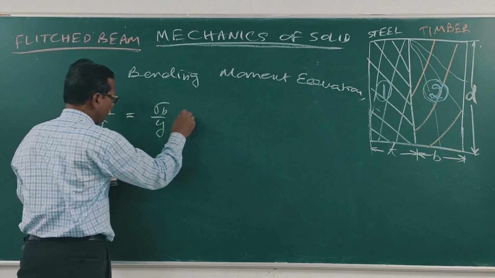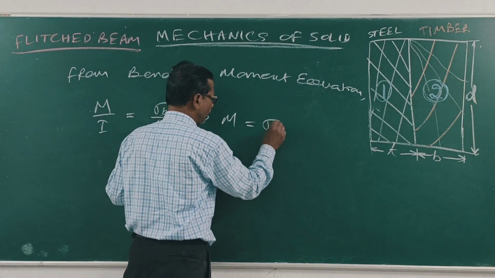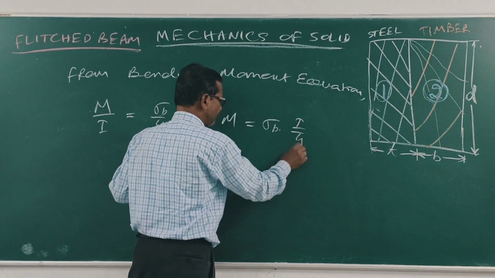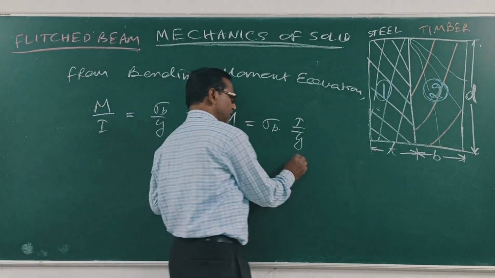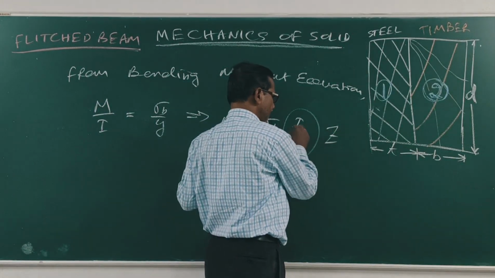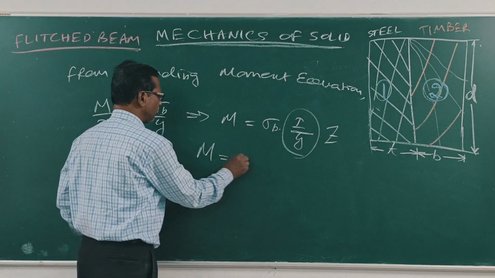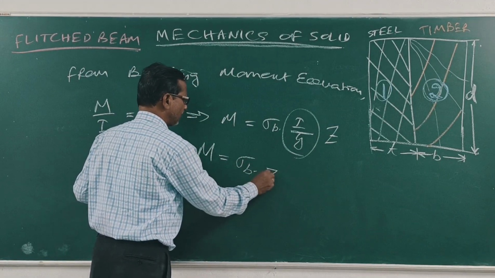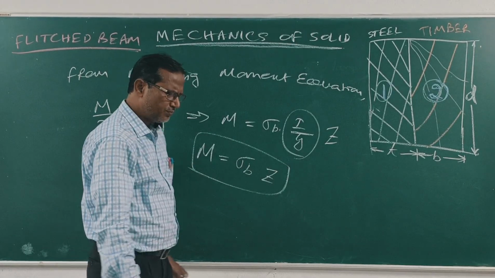Clear? This implies M is equal to sigma b into I by y. What is I by y? This is Z. So M is equal to sigma b into Z, bending stress into section modulus. Clear?